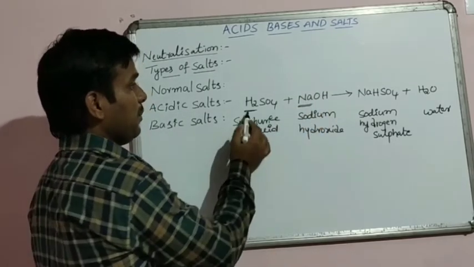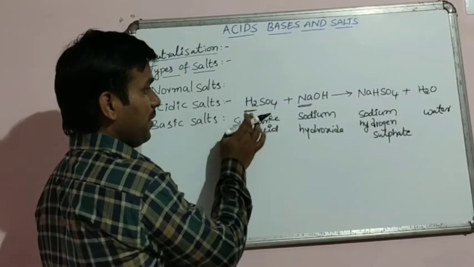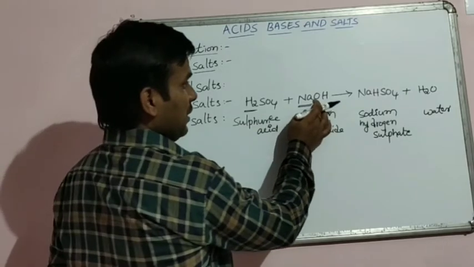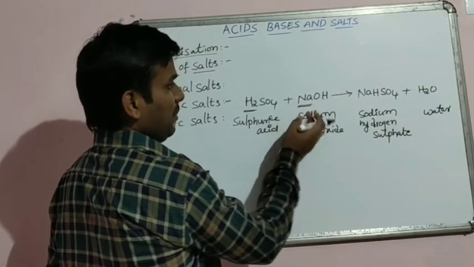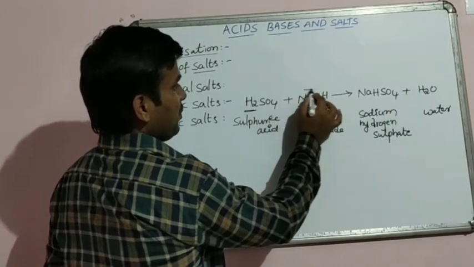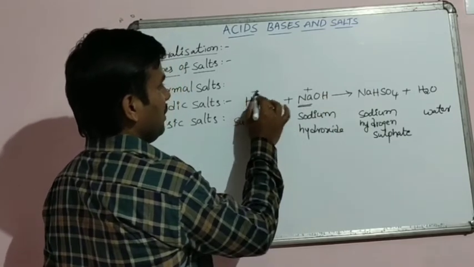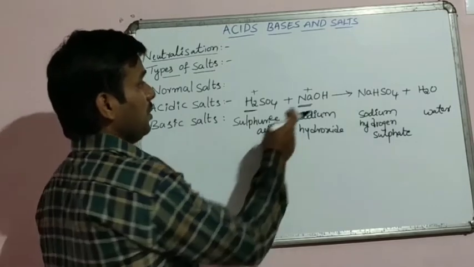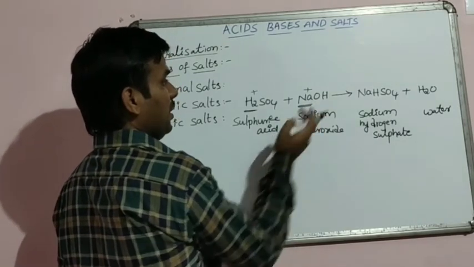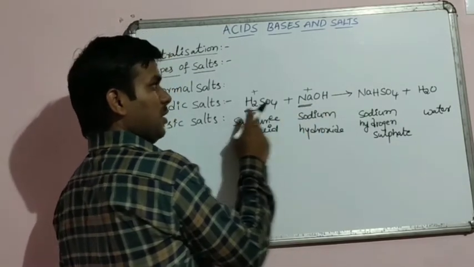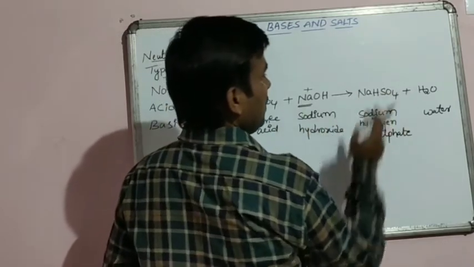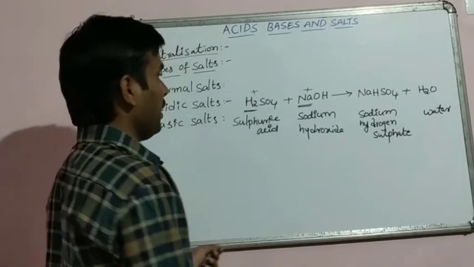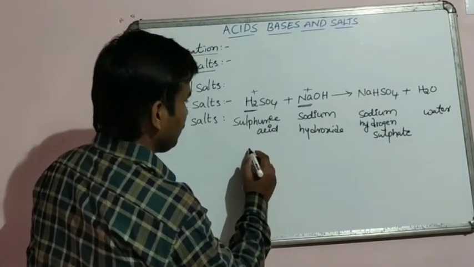Here only one metal ion is there, with a positive charge, and two hydrogen ions are formed. Only one sodium ion replaces one hydrogen ion to form sodium hydrogen sulfate, and water is formed. Okay, another example we are taking.